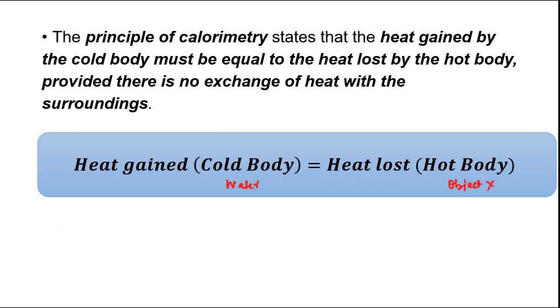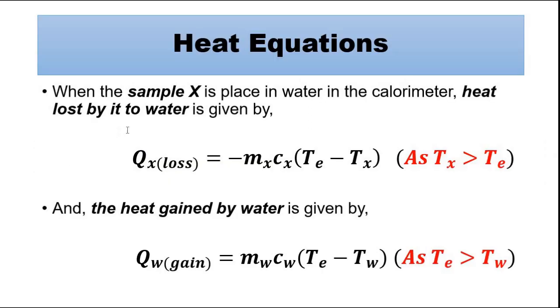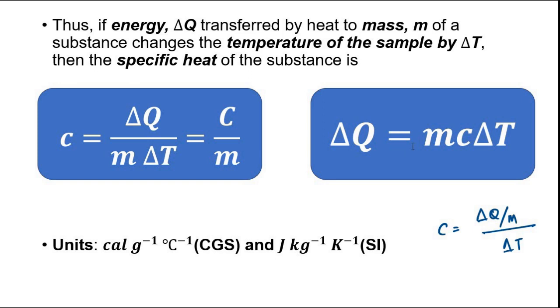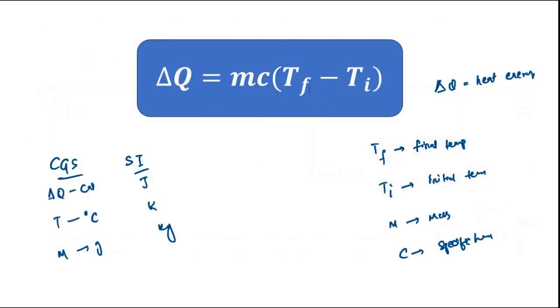To write the heat equations, the heat lost by sample X to water is given by mc delta T, which we discussed in specific heat. Heat lost or heat gained is expressed as mc delta T, where m is the mass of the object, c is the specific heat of the object, and delta T is the difference between final and initial temperatures.